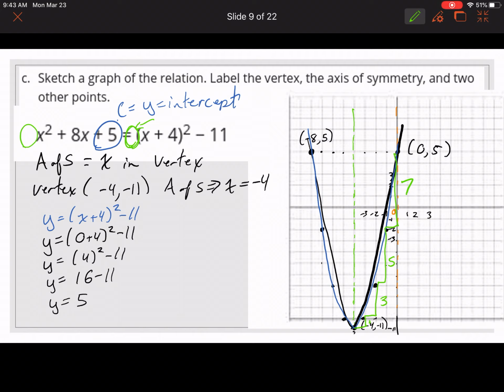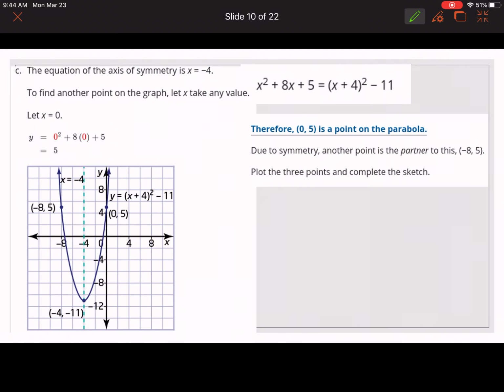So that is labeling. We've done everything. We have labeled the vertex. We have the axis of symmetry. I could even write that in, x equals -7. And 2 other points in order to draw our parabola. And that's how the textbook put in the answer.